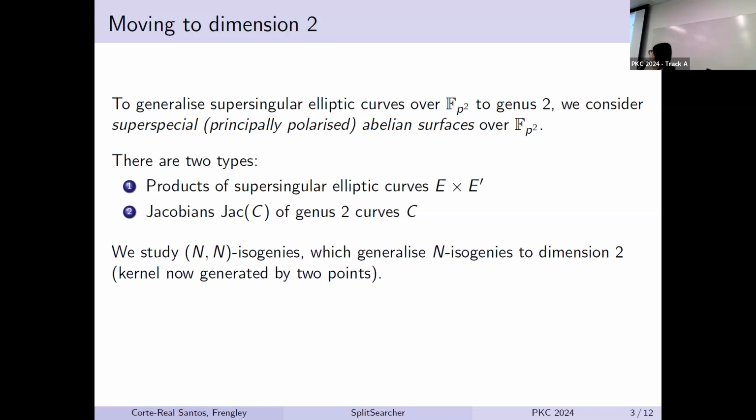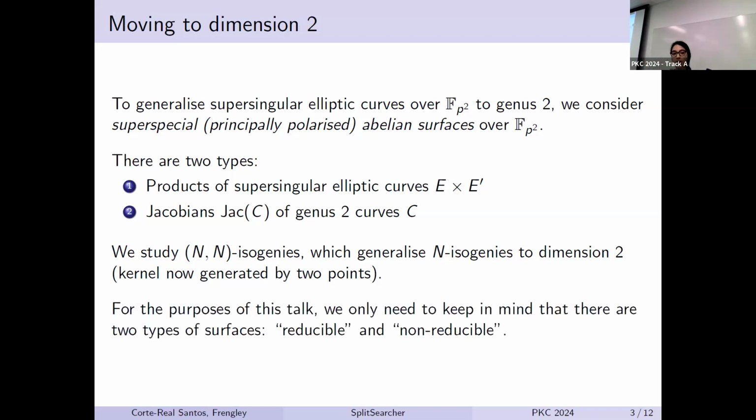Now, since we're working in isogeny-based cryptography, we have to look at isogenies. In the dimension 2 case, we look at (N,N)-isogenies, which generalize the usual N-isogenies that you look at in dimension 1, where now instead of being generated by one point, the kernel is generated by two points, which satisfy a certain technical condition that makes sure these isogenies behave well.